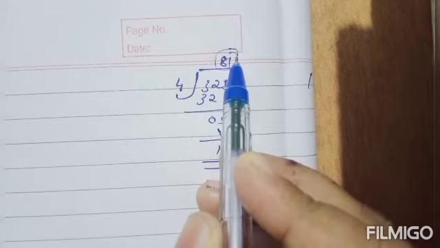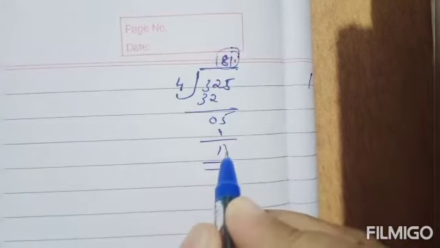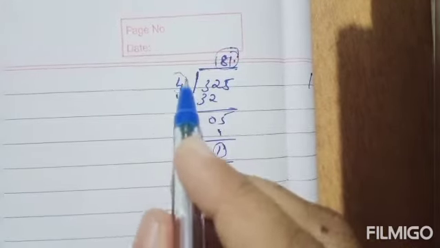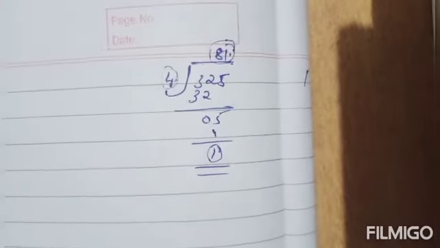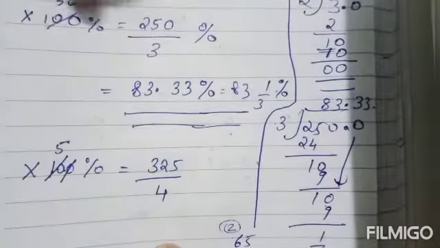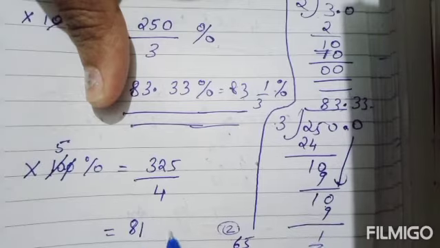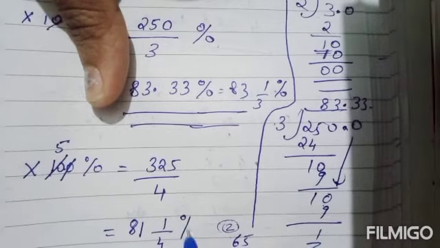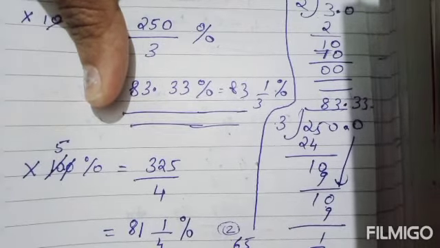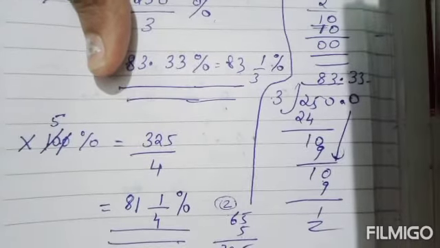First write the quotient, 81, then remainder by divisor, 81 1 by 4. So 325 by 4 is 81 1 by 4%. So this will be the answer.